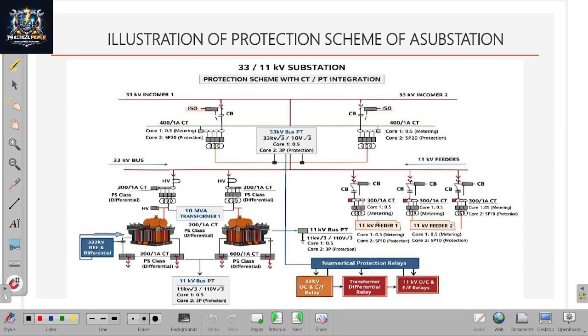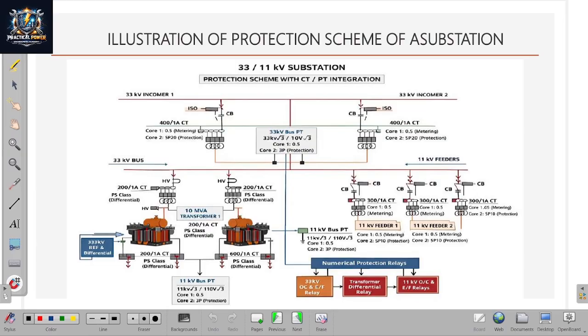So these are for feeder protection. Here are the 33 kV overcurrent and earth fault relay and the transformer differential relay.